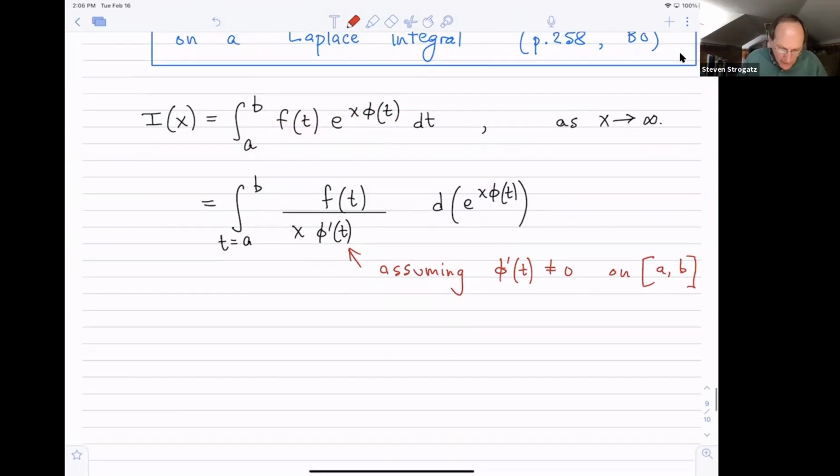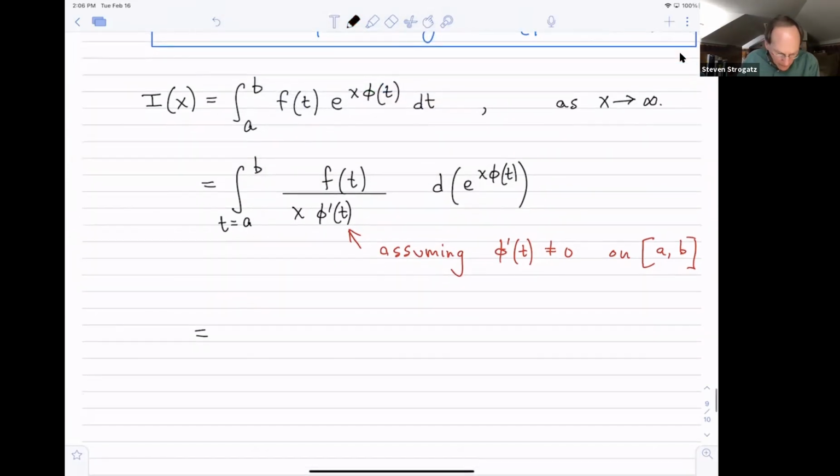So if that's correct, then we can use integration by parts on this to say that this is 1 over x. So here we do by parts, thinking of this as the u, and this is the dv.